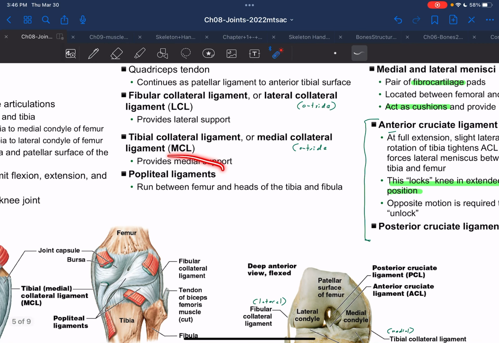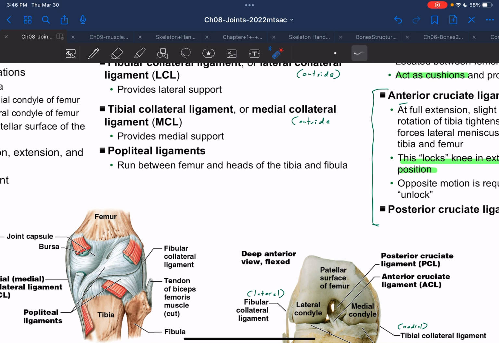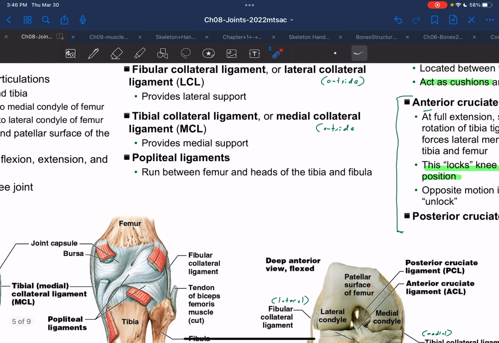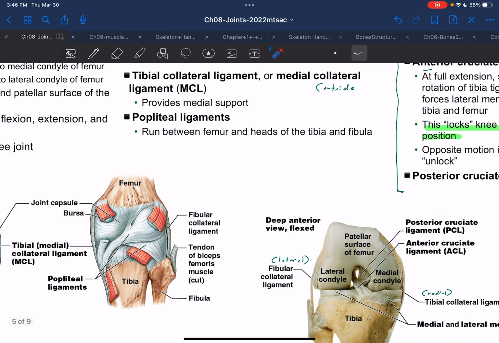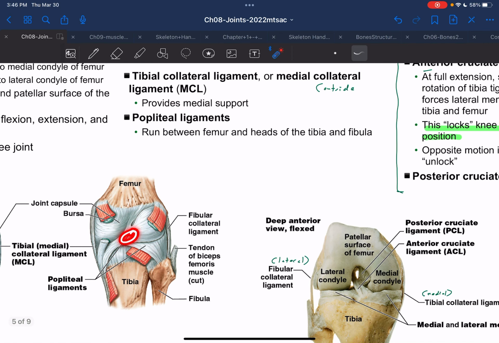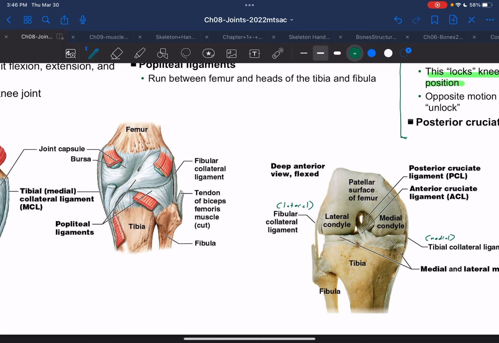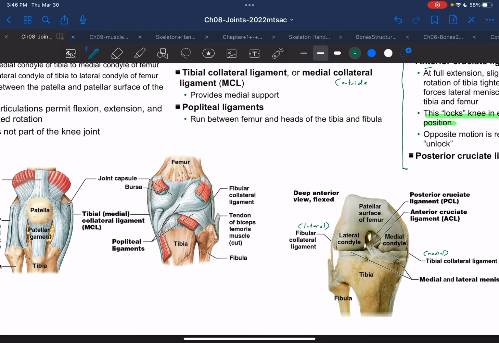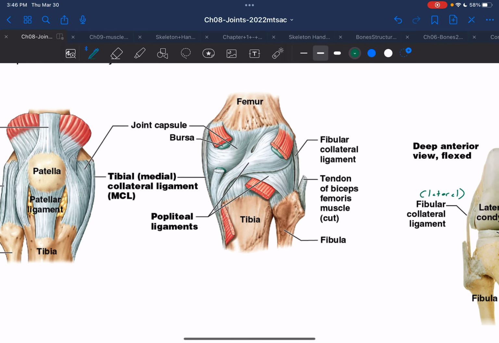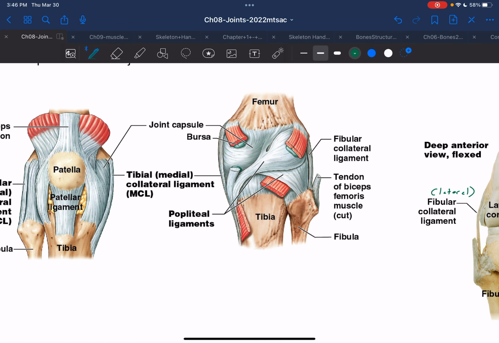And the last one, the popliteal, is found on the posterior side. And so you need a ligament that runs on the outside, supporting on the outside. So you can see that the outer ligament, an extrinsic ligament, is going to be called the popliteal. So this viewpoint here that you're seeing is going to be posterior.